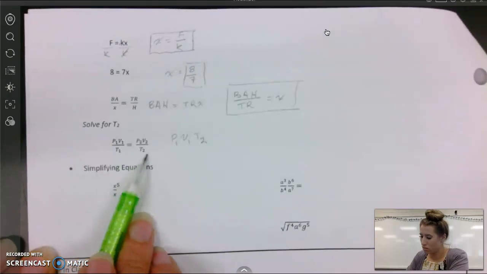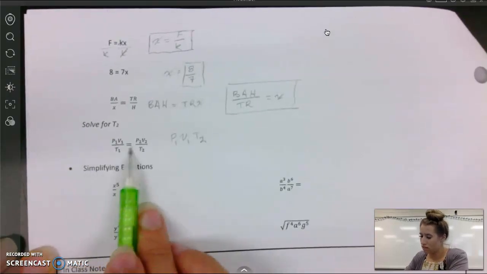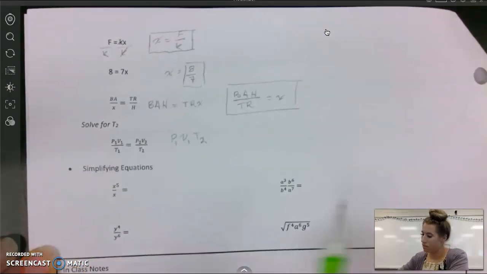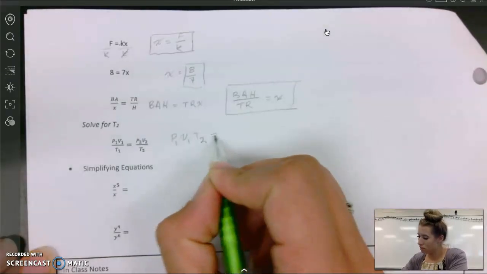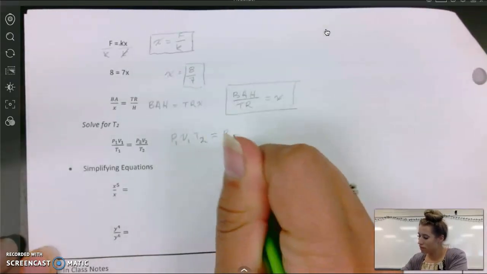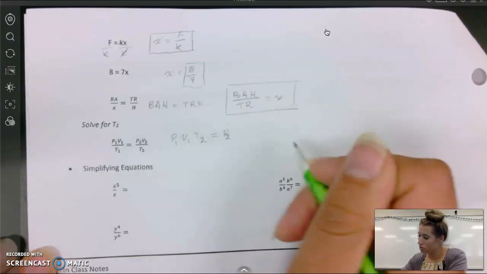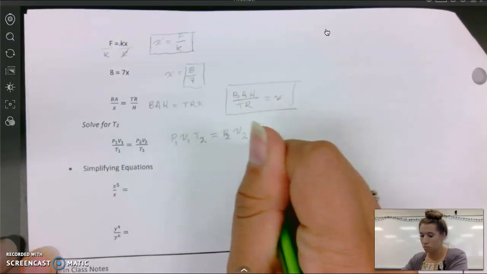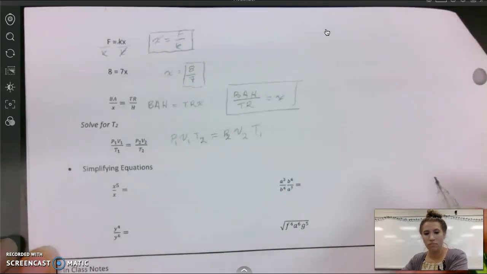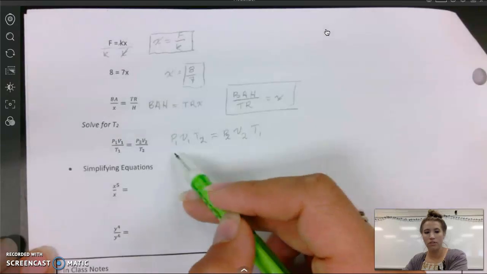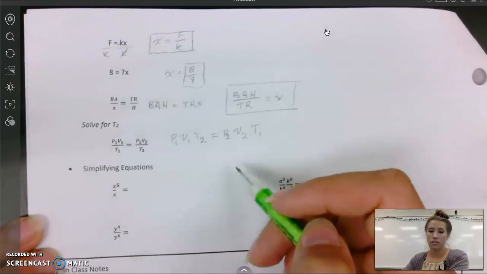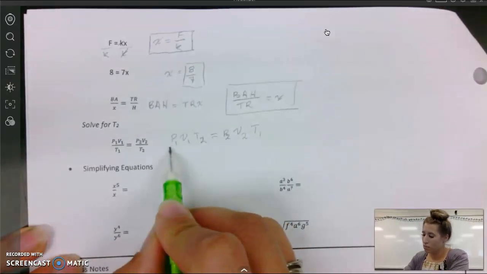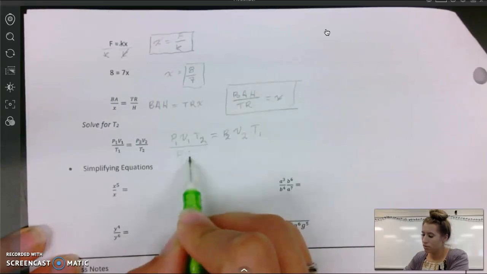So these multiplied with that are going to equal those multiplied there. So that's going to equal pressure 2, volume 2, temperature 1. And then we're going to get T2 by itself. Everything's multiplied here, so now we need to divide. So we need to divide both sides by pressure 1, volume 1.